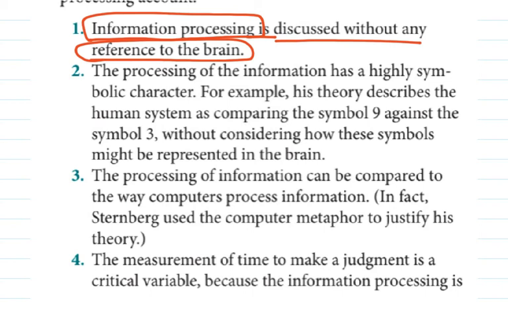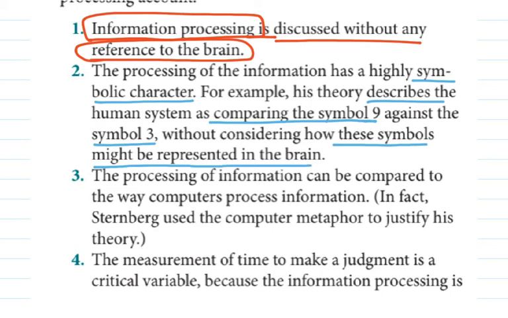The processing of the information has a highly symbolic character. For example, Sternberg's theory describes the human system as comparing the symbol 9, this is something that we saw in the flowchart, against the symbol 3, without considering how these symbols might be represented in the brain. So basically, you're working with symbols, right? And you're not concerning yourself with what may be going on in the brain, right?